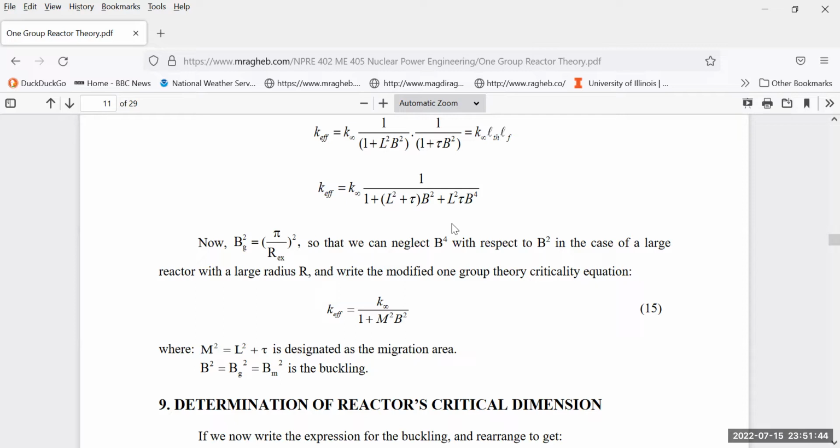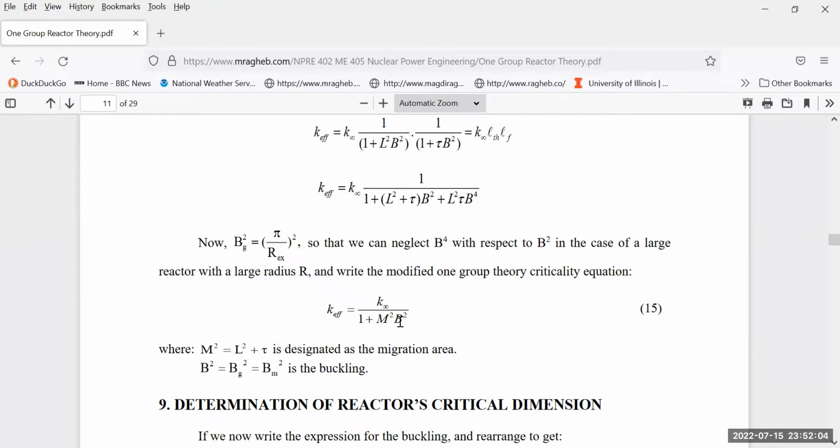So if we use only a large reactor, then that term can be dropped, and we are left with L squared plus tau. This is not the diffusion area now. It's the square of the diffusion length of the thermal neutrons plus their area of diffusion as fast neutrons. We call this the migration area.